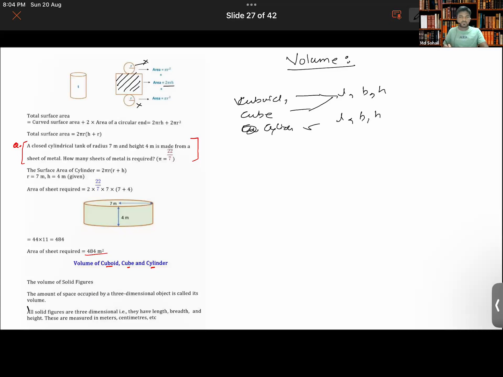You will be asking, what is the breadth there? What is the length there? It is simply the circumference we are talking about. Imagine you have a cylinder, you have got its height. What is its breadth? Breadth is simply the diameter of the figure. So all the 3D figures have got three dimensions: length, breadth, and height.